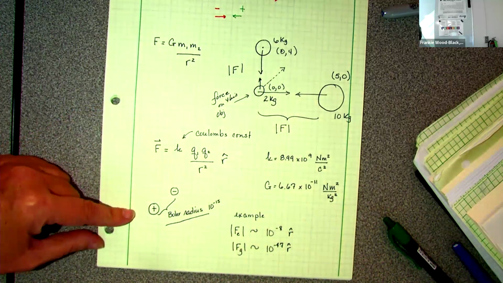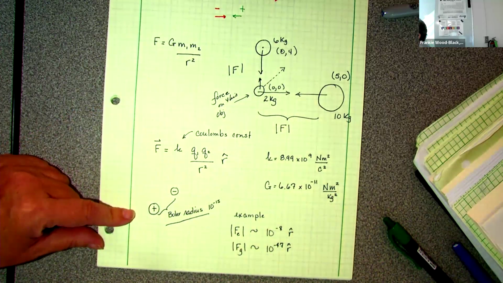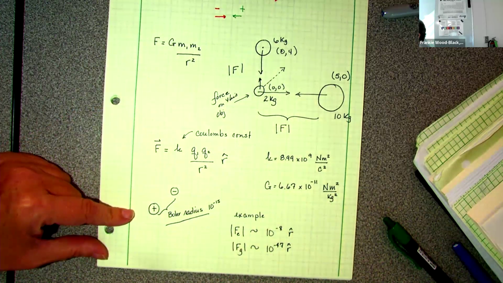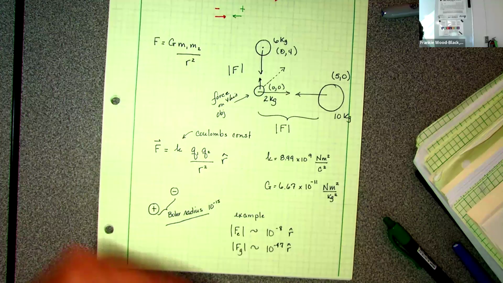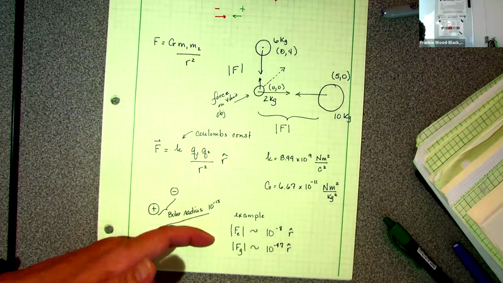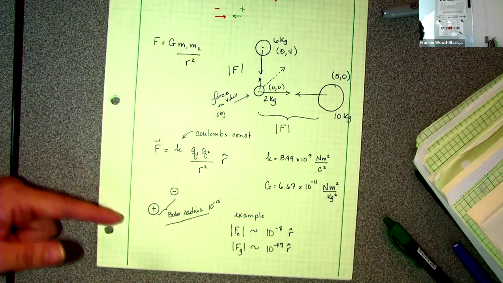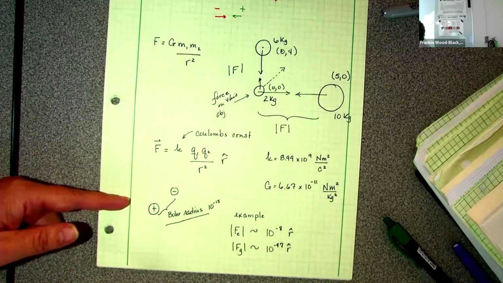So I don't really have to worry about mass attraction in my atoms, because the difference between those two is so large that I can disregard gravitational force when dealing with atoms and things like that.